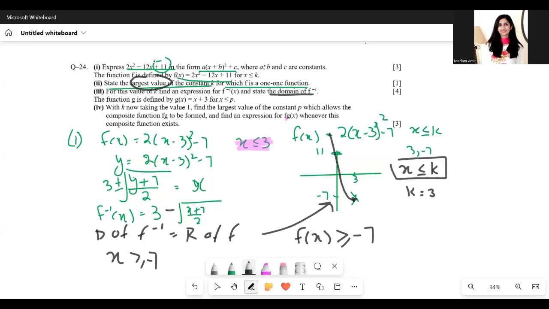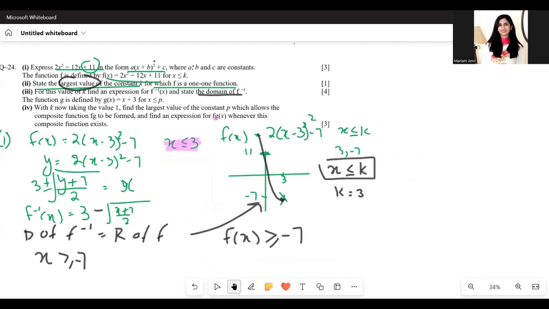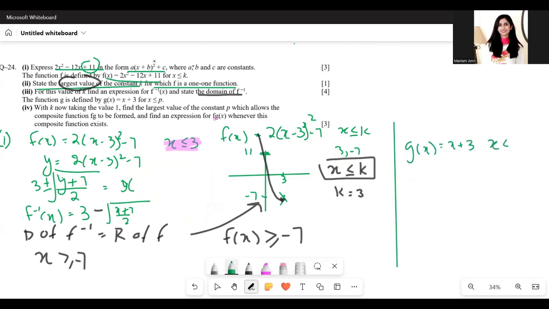Then it says that g(x) equals x + 3. Let's write that down here. g(x) equals x + 3 and the domain is x less than or equal to p.